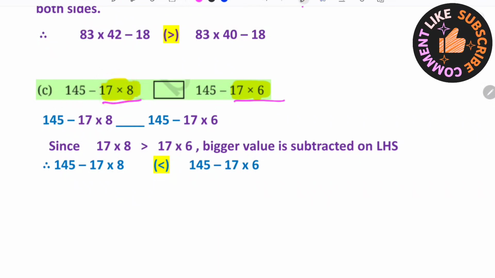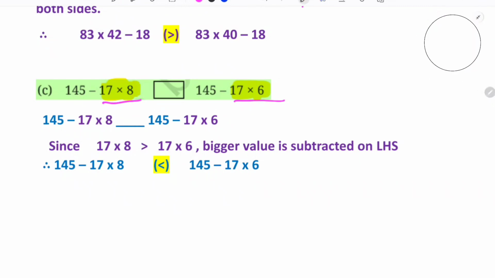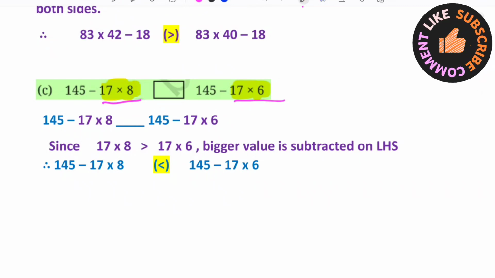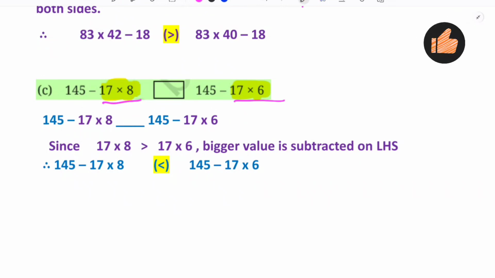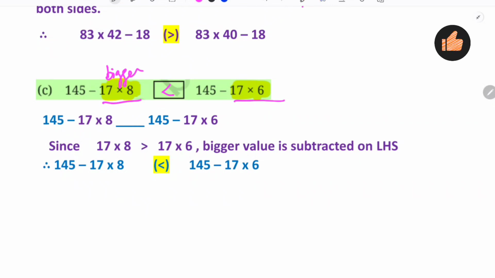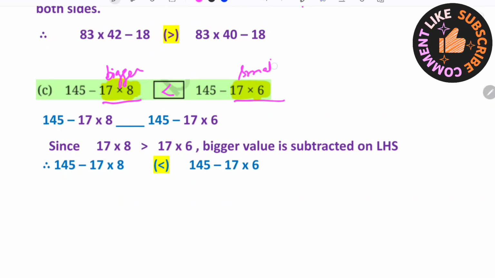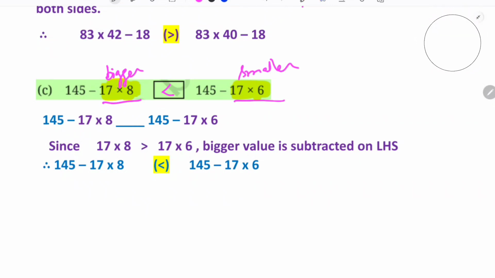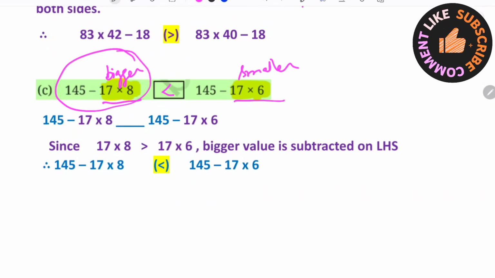So 145 minus 17 into 8, 145 minus 17 into 6. So it should be less than, because here you get a bigger value compared to this one. This is the smaller one. So when you subtract a bigger value, the whole value becomes small.